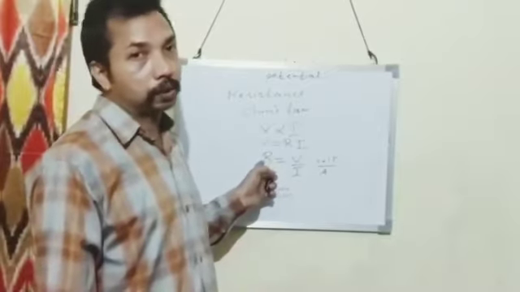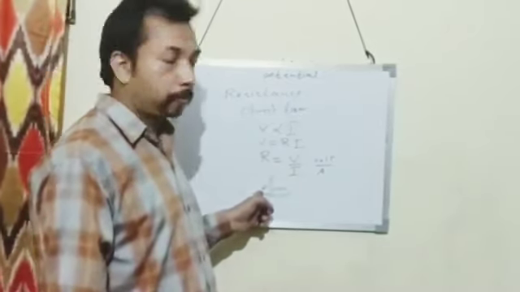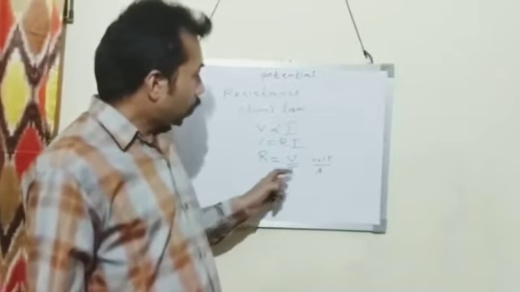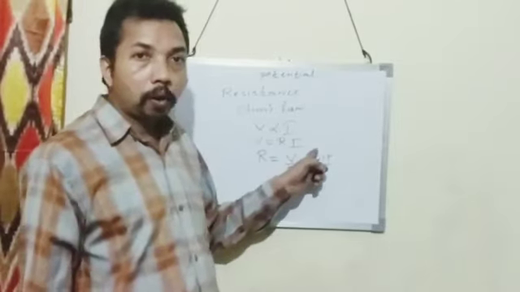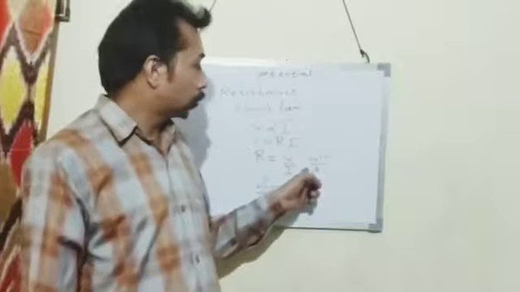The SI unit of electric resistance is ohm, and resistance is said to be 1 ohm when a potential difference of 1 volt causes a current of 1 ampere to flow through the conductor.